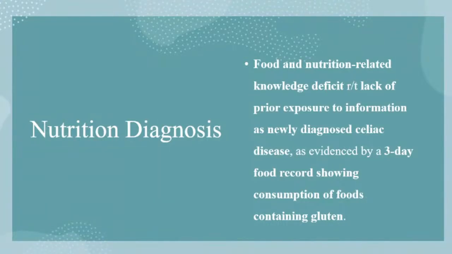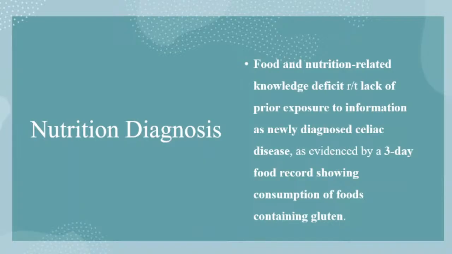And what is my evidence? My evidence, I always said evidence should be measurable. It should be the signs and symptoms that you can measure. Okay, so remember we asked for a 3-day food record or 24-hour record. So then in my 3-day food record, it showed me consumption of food containing gluten. Okay, so I have the nutrition problem label.